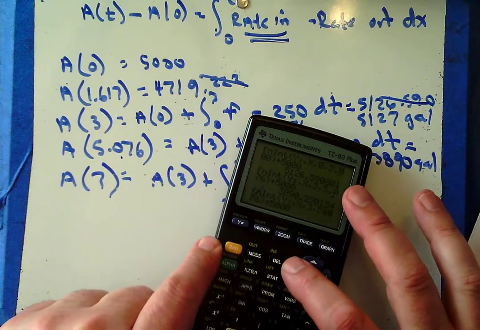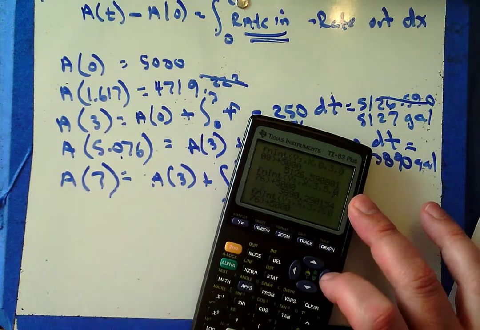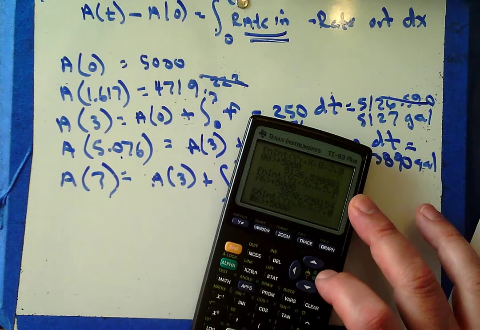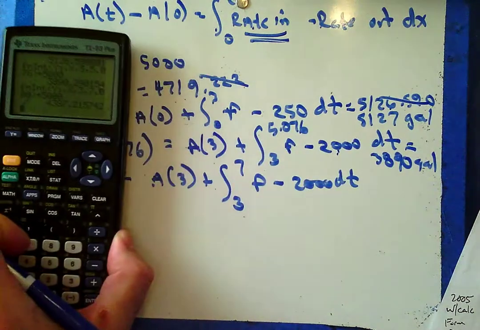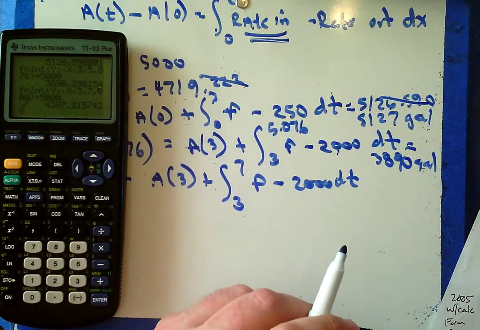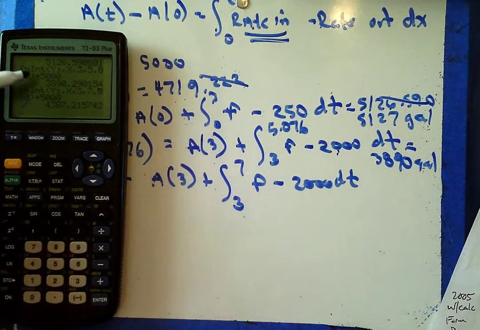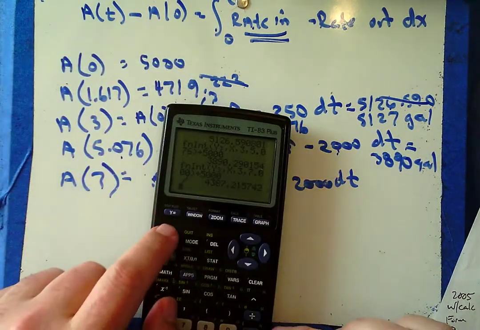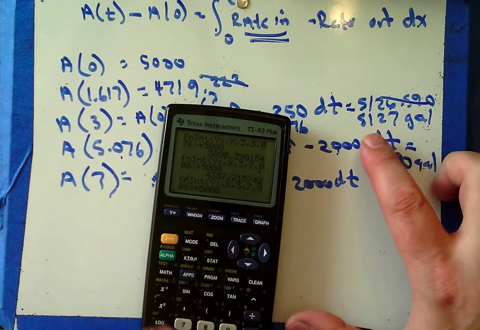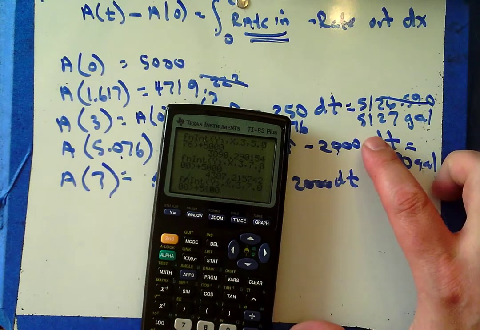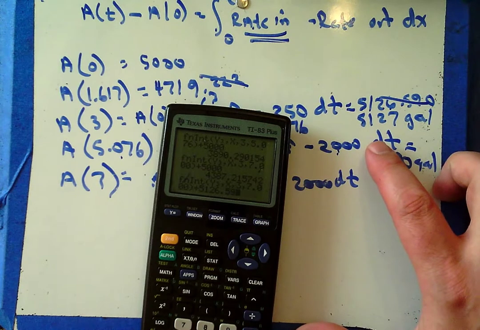I'm integrating out to 7 now. Oh no, these are the amounts at 0, not the amounts at 3. My bad. Let me fix that. The amount at 3 we said was 5126.590.